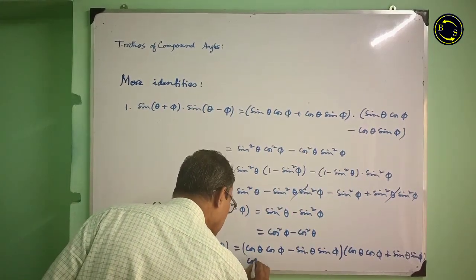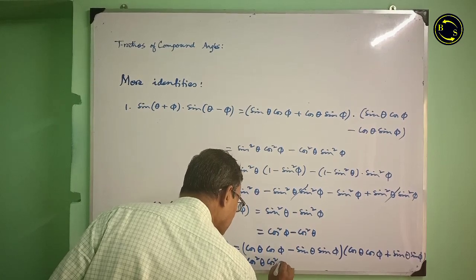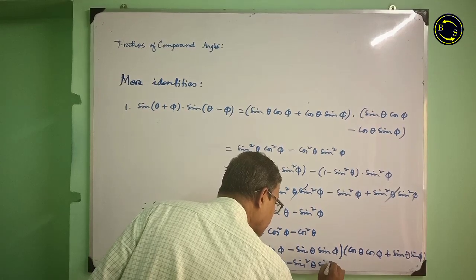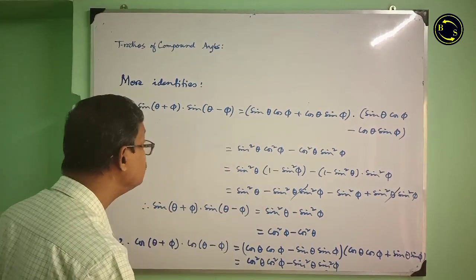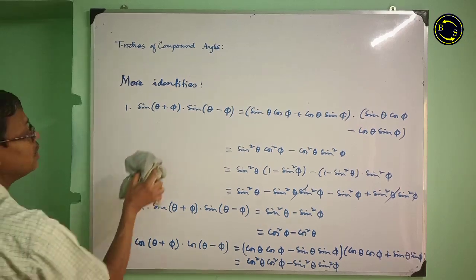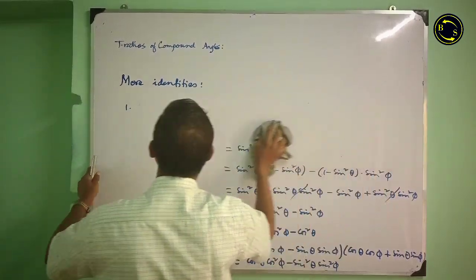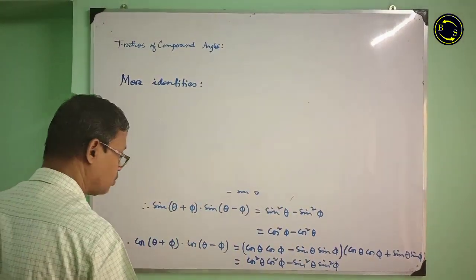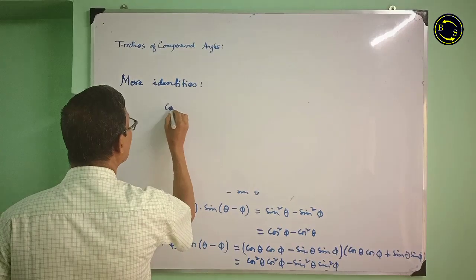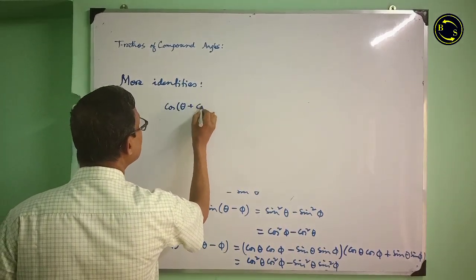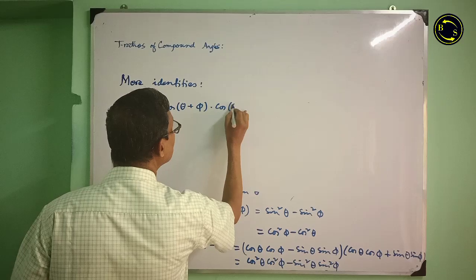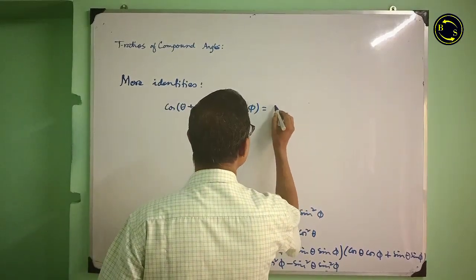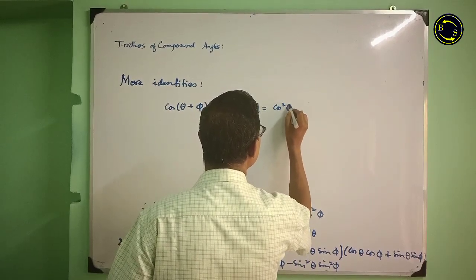It will be cos square theta cos square phi minus sin square theta sin square phi. Let me write this one. Thus we get cos of theta plus phi into cos of theta minus phi is equal to cos square theta.